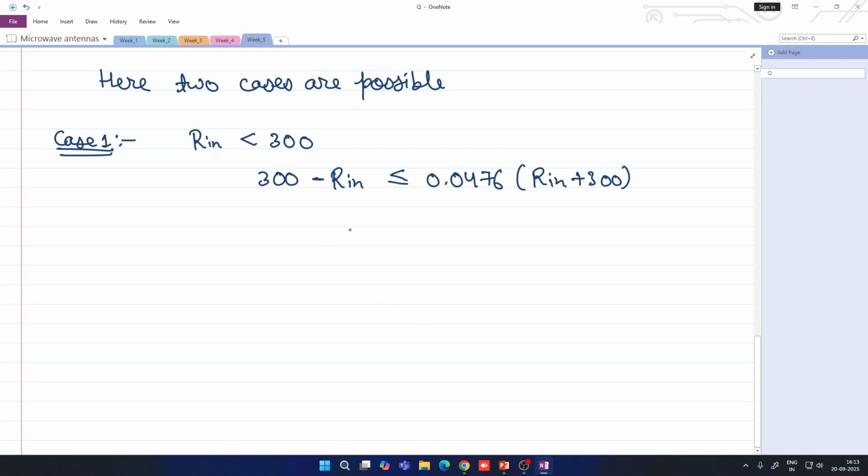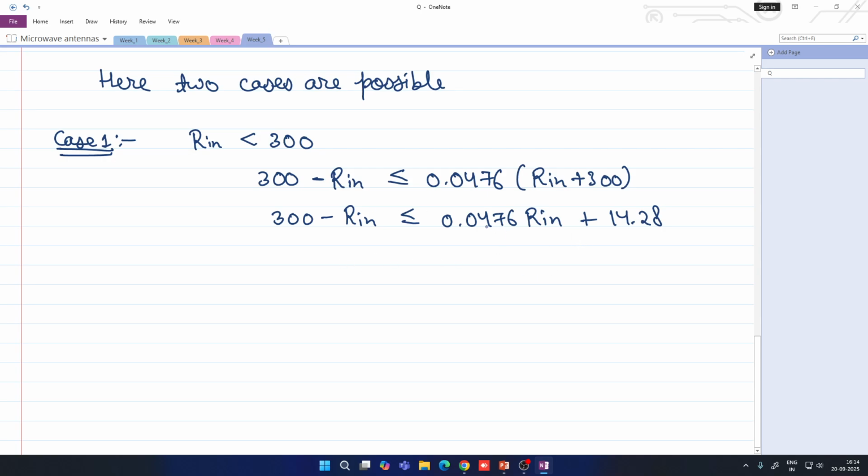Now when we solve this, we will get 300 minus R in less than or equal to 0.0476 times R in plus 14.28. What I did is multiply this 0.0476 with R in and 300.